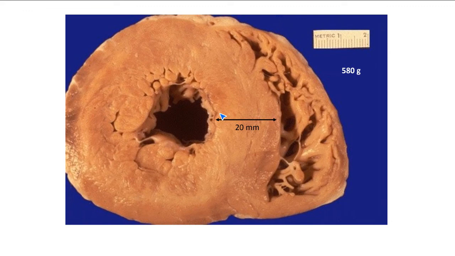So this scale, this marker here, is telling us that the thickness of the left ventricle in this heart is 20 millimeters. What do you have to say about that? Is that below the normal range, within the normal range, or above the normal range? Above. So what's the upper limit of normal?